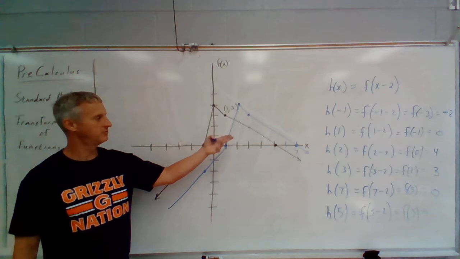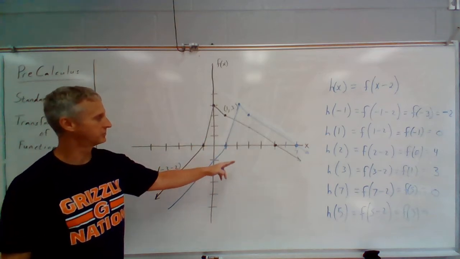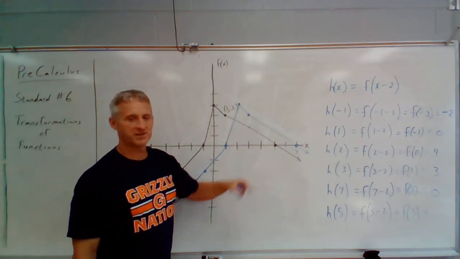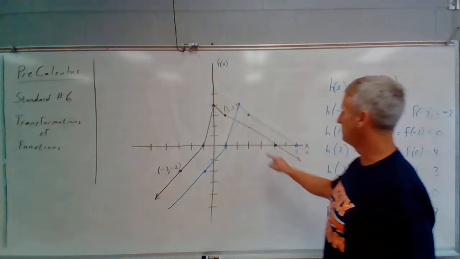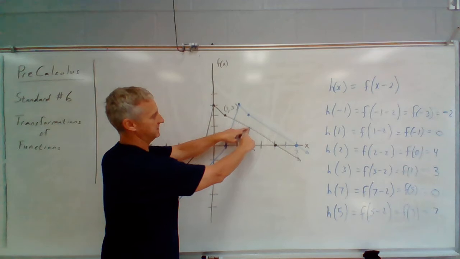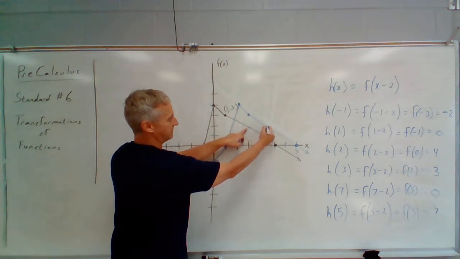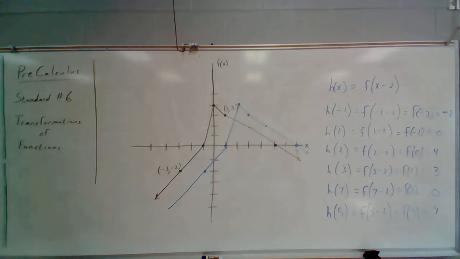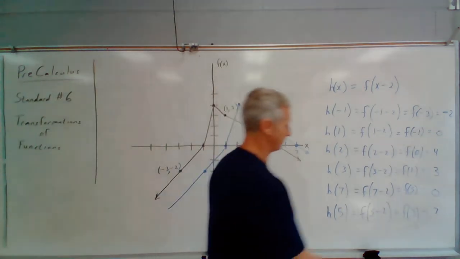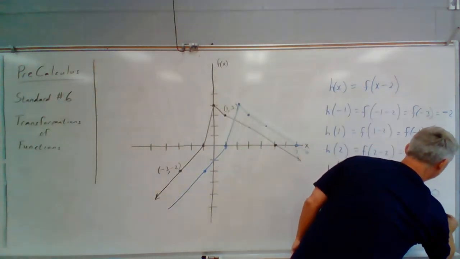Kind of looks like it's a 2, but I really don't know that for sure. So I really can't answer this question. But I know that whatever this point is, it's going to get shifted right 2 spots, and it'll correspond with that point right there. So this is a question mark here.